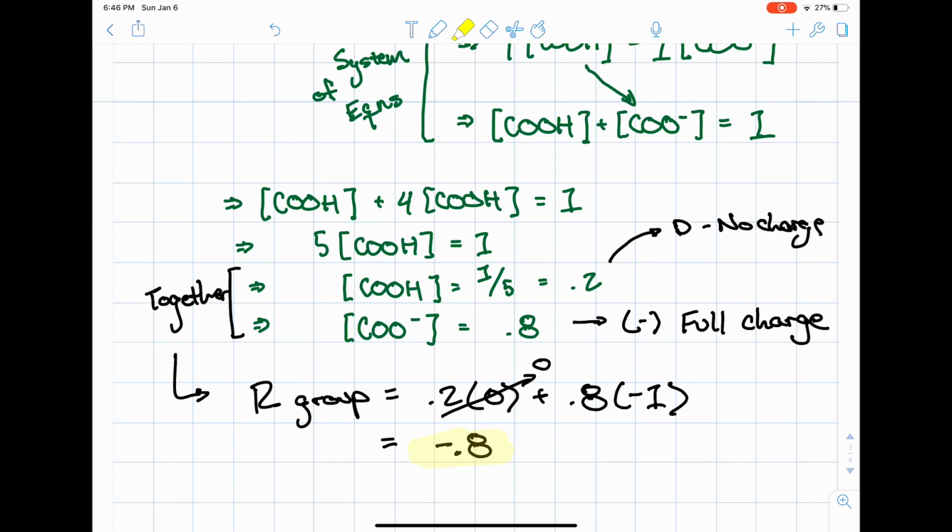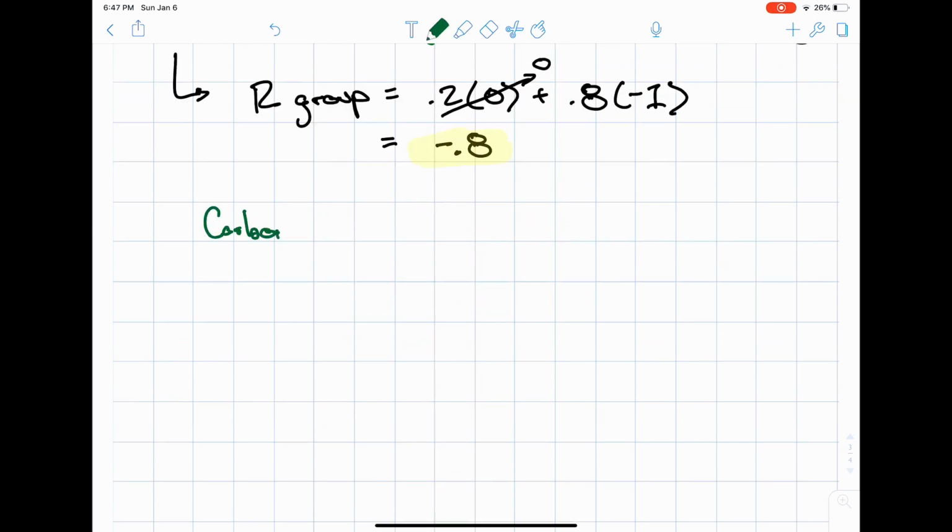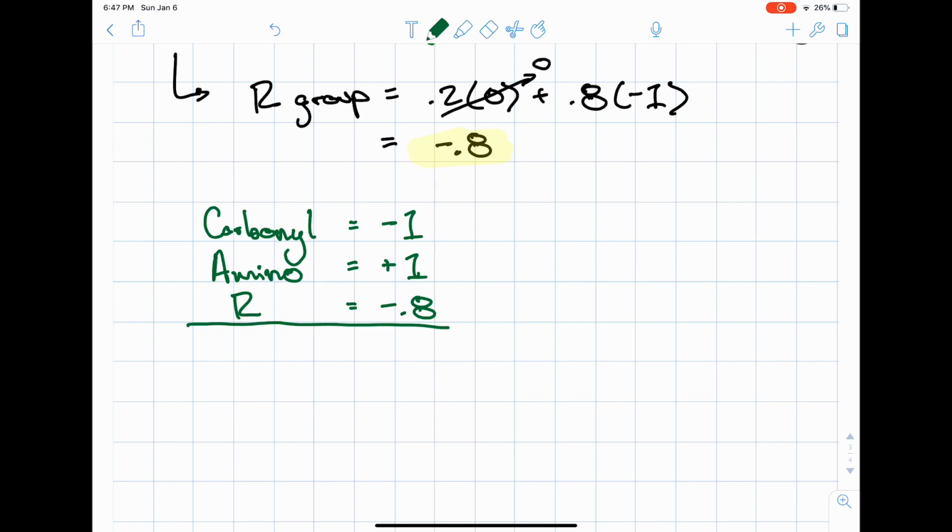Now that we have all the charges for each group on glutamic acid, we can find out the total net charge of the entire amino acid species at a pH environment of 4.8. The carbonyl group is -1, the amino group is +1, and the R group is -0.8. Since the amino and carbonyl groups cancel out, you get a total net charge of -0.8.